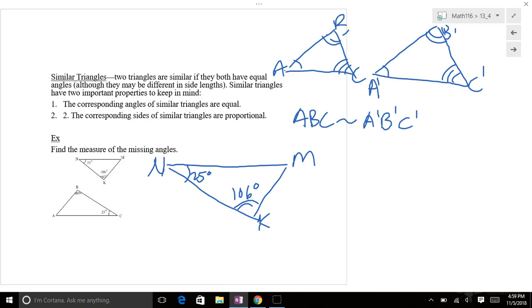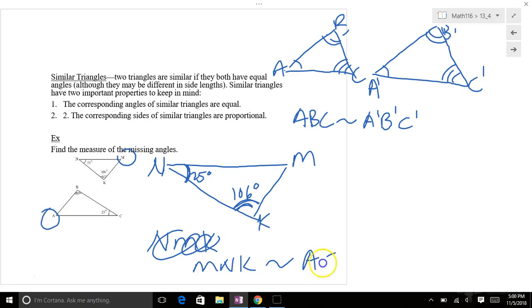So notice, MNK, let me do it in order, MNK would be similar to, so the 1 slash goes to A, the 2 slashes would be blank, so M goes with A, and then the 1 slash with C, and then the 2 slashes with the B.